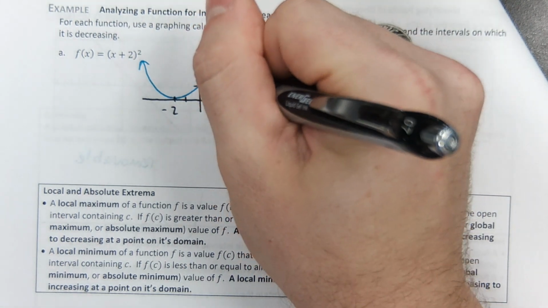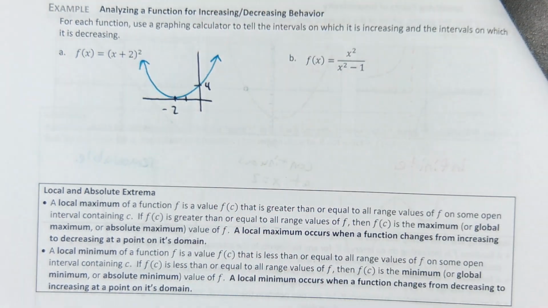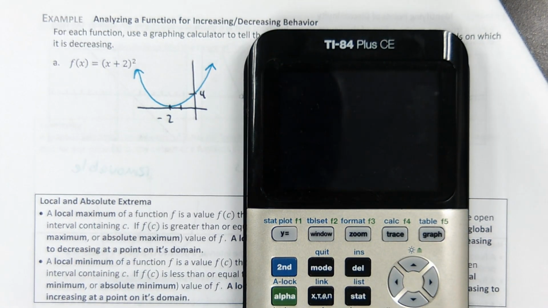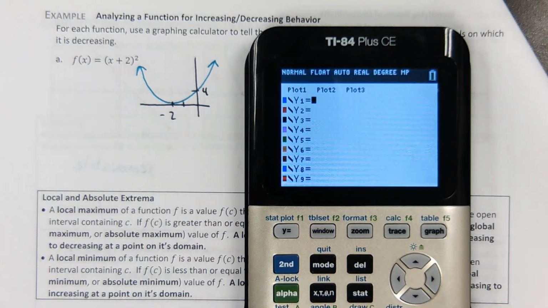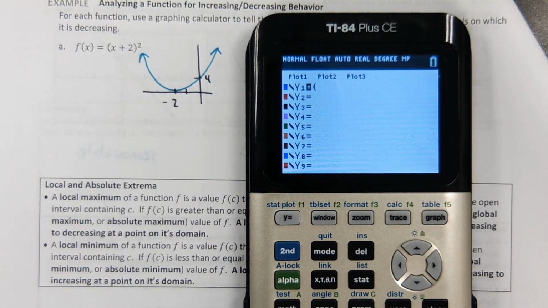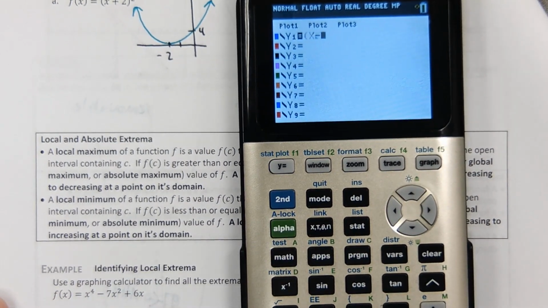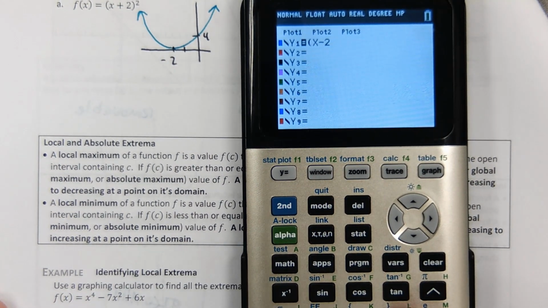And if you throw in a 0, you'll get 2 squared, which is 4. So this is somewhat what the graph looks like. And just in case you don't believe me, go to your handy dandy graphing calculator and we'll go to y equals, parentheses, x minus 2, parentheses squared.